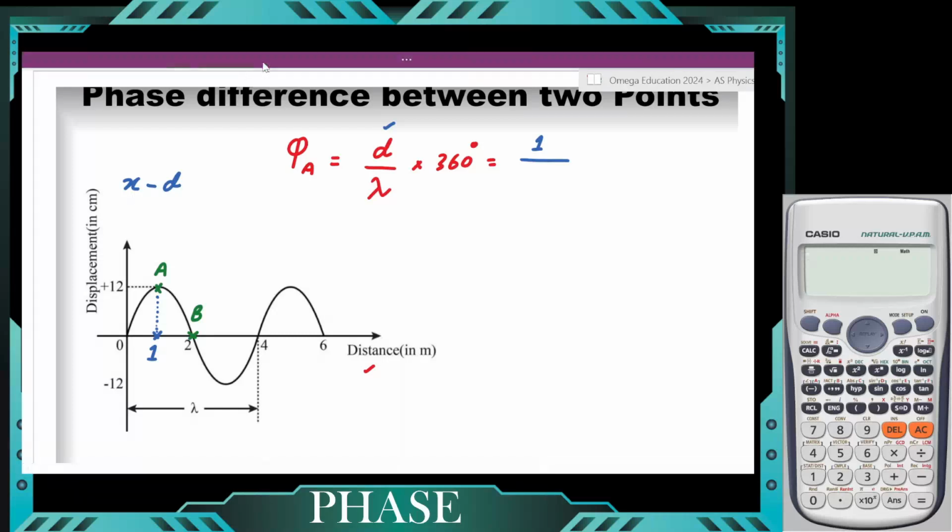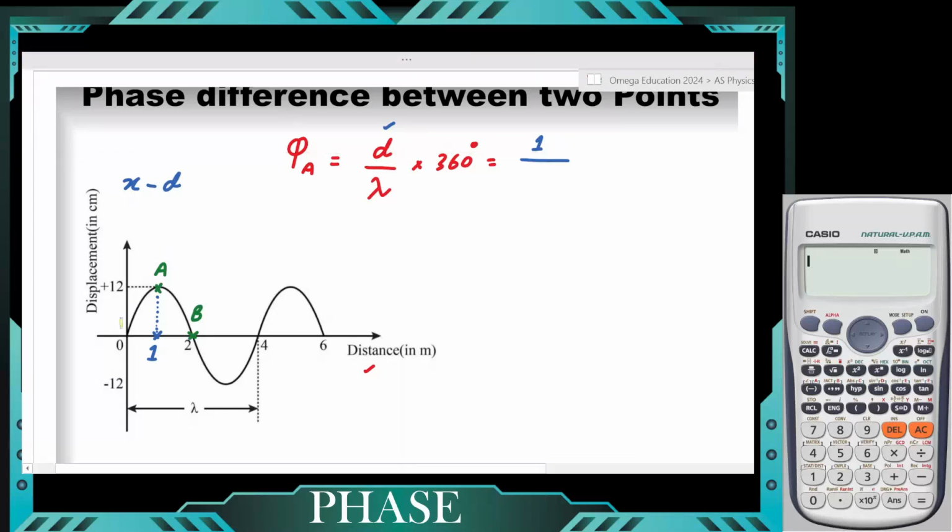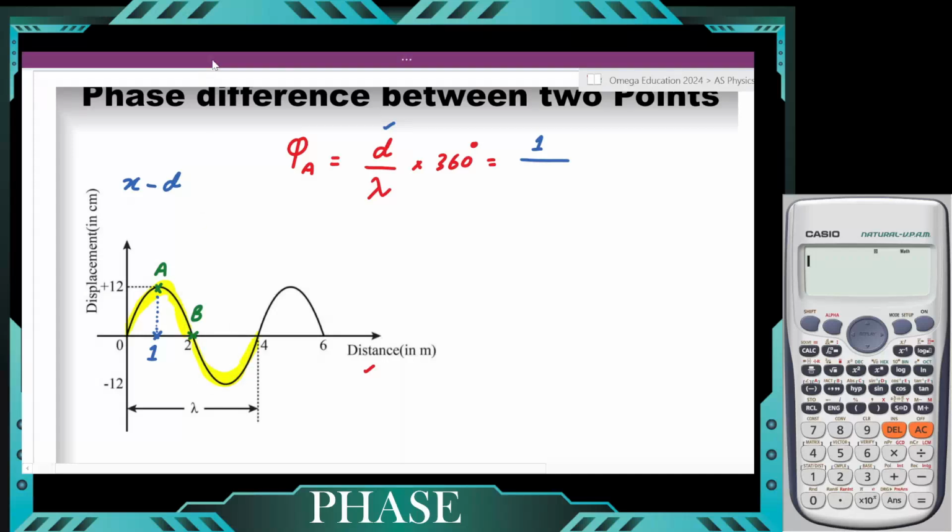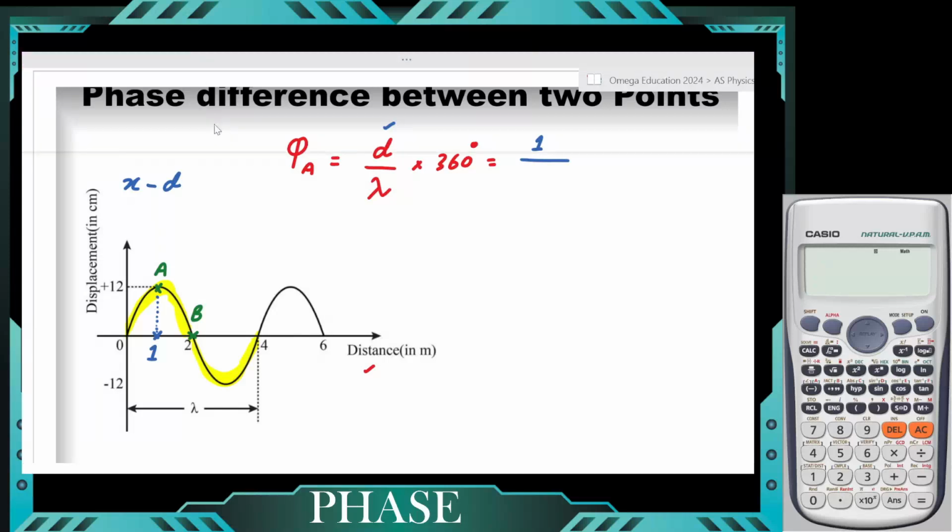So 1, that's the value for distance for the particle A, divided by, what's the wavelength of the wave? Wavelength of the wave is the length of one complete cycle. If I highlight that one slice at the top, one slice at the bottom, that makes one complete wave. So we have 4 meters as the wavelength. So divided by 4 times 360 degrees. And if you hit it on the calculator, you get 90 degrees. So the phase of the particle A is 90 degrees.